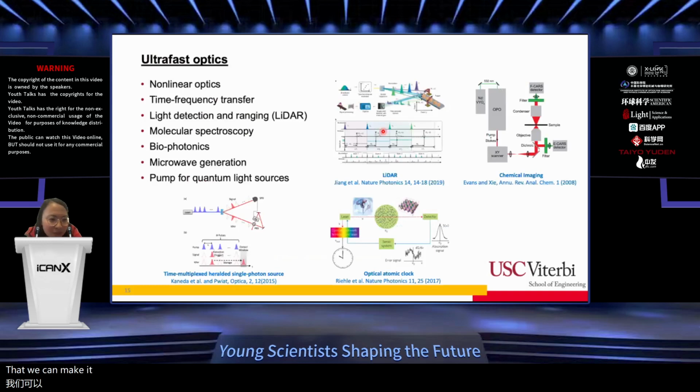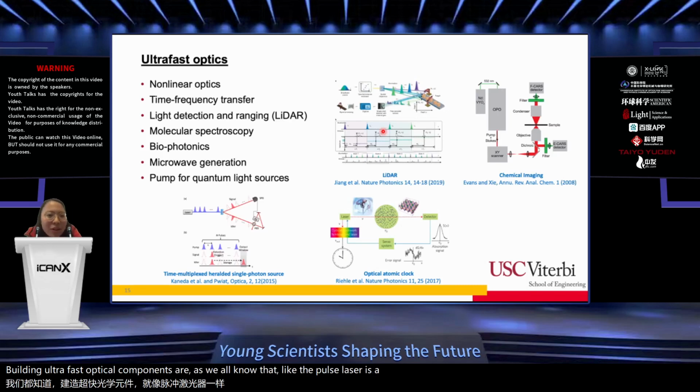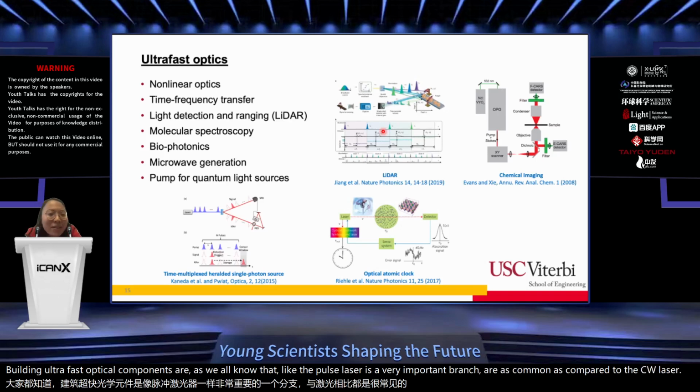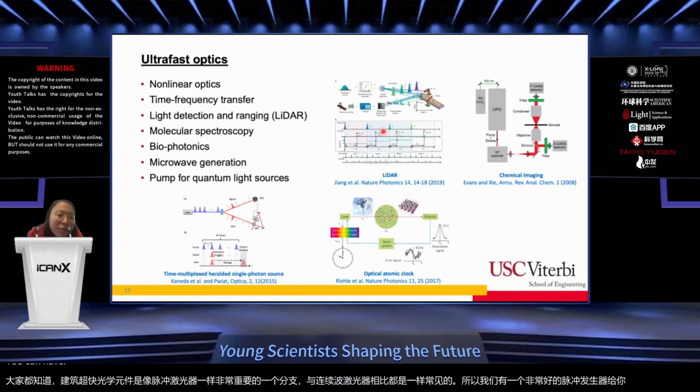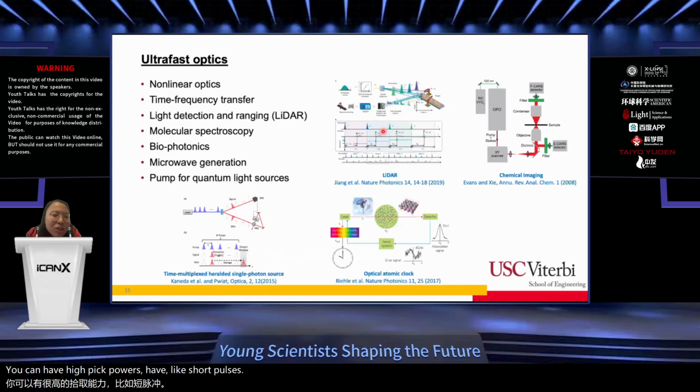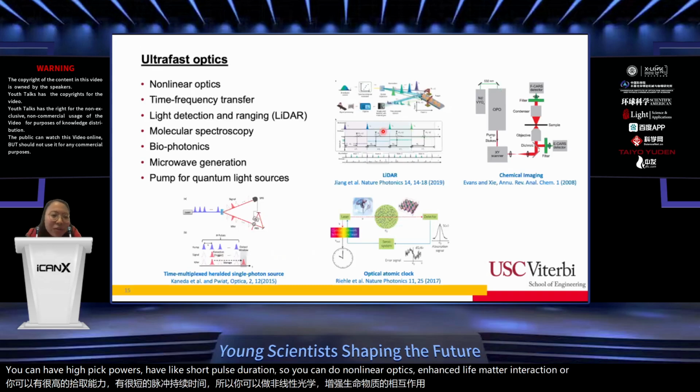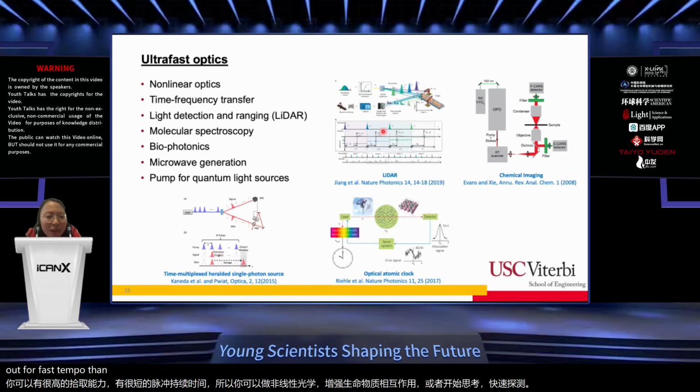make a big difference: building ultra-fast optical components. As we all know, the pulsed laser is a very important branch compared to the CW laser. Having very short pulse generators gives you high peak powers and short pulse durations, so you can do nonlinear optics, enhanced light-matter interaction, or probing ultrafast temporal dynamics.